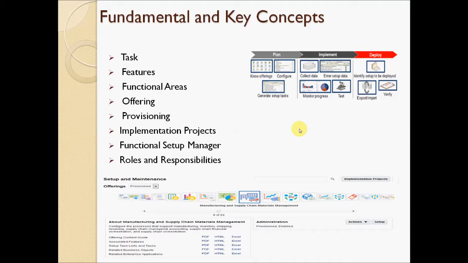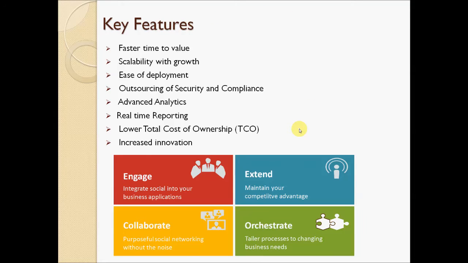Responsibility is the concept of giving him only specific access to do his day-to-day operation. For example, the order entry clerk will be given access only to create an order and fulfill an order. He won't be given access to create a new item or create a new purchase order. Those kinds of functionalities will not be given to him. So that is responsibilities.